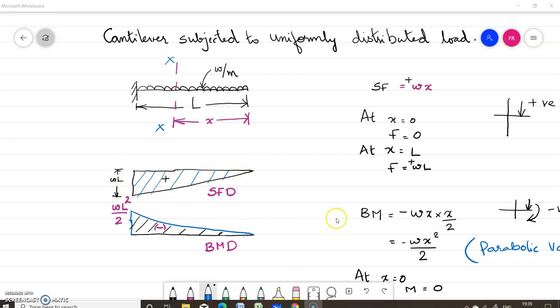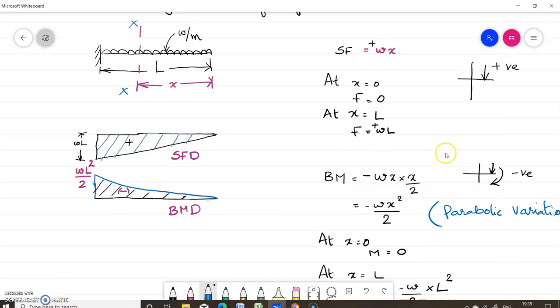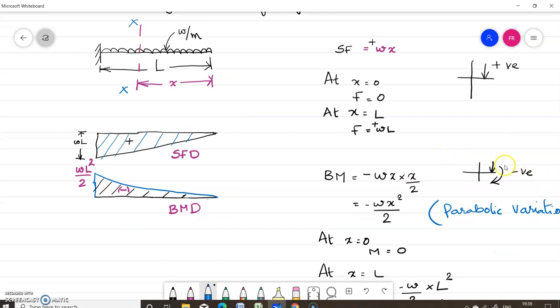Now we'll see how to draw the bending moment diagram. What sign convention are we taking? Right clockwise is negative. Consider this section. What is the bending moment about section XX due to this load W per meter length acting downwards? W is the load intensity.